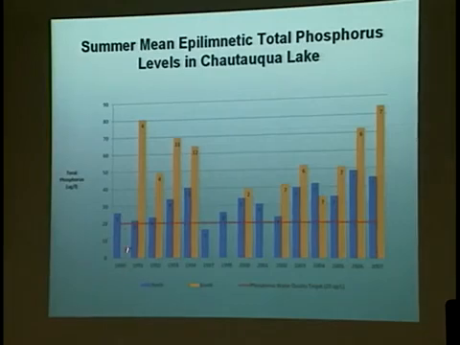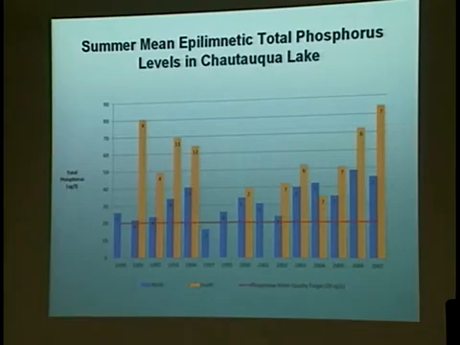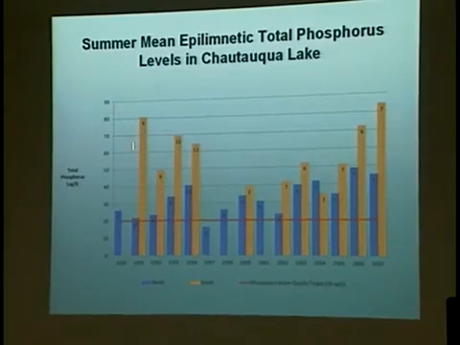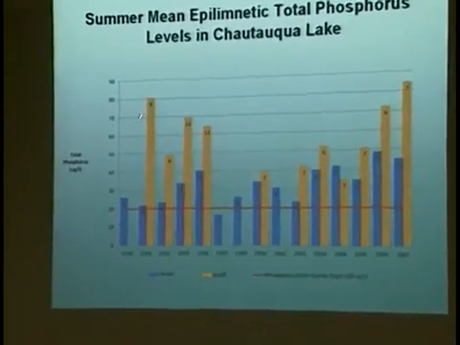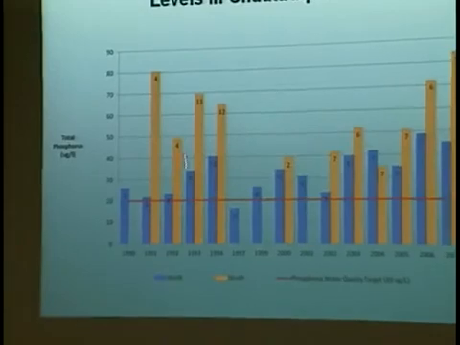In the blue is the North Basin, the South is in orange. This is phosphorus concentration in micrograms per liter. Don't get specific on that, but you'll notice that the blue, being the North Basin, has better water quality, less phosphorus than the South.